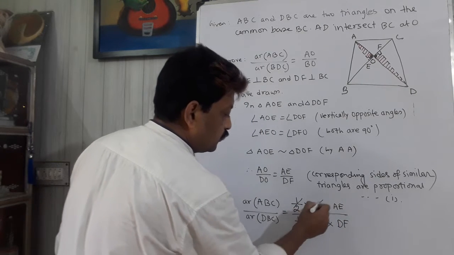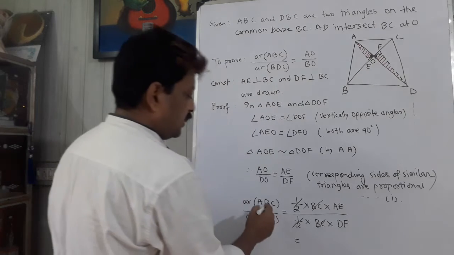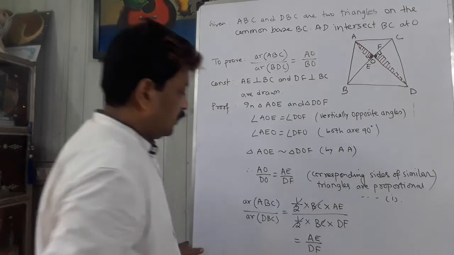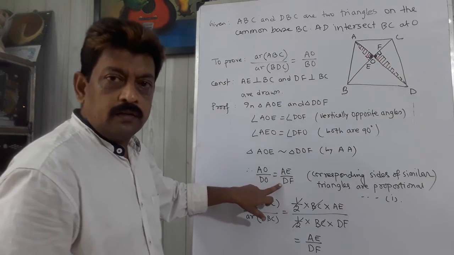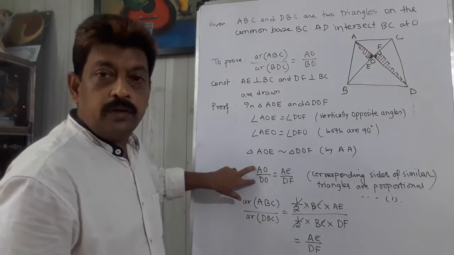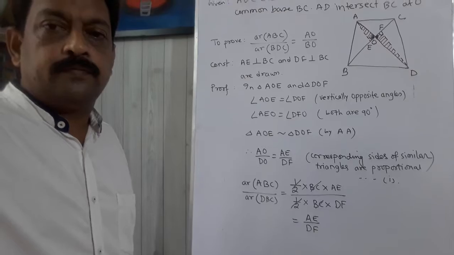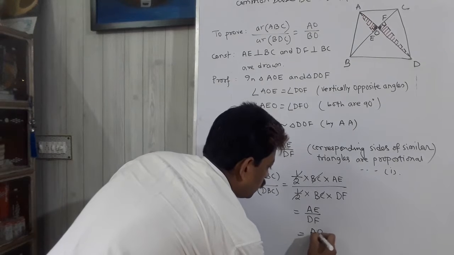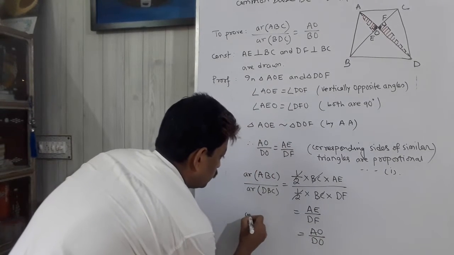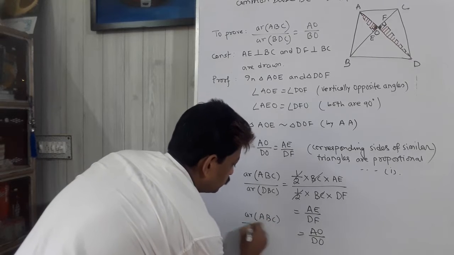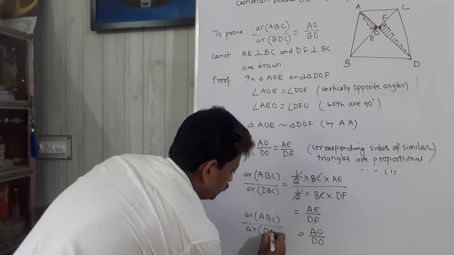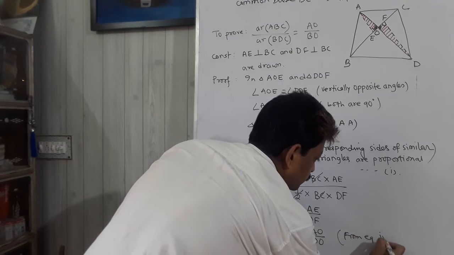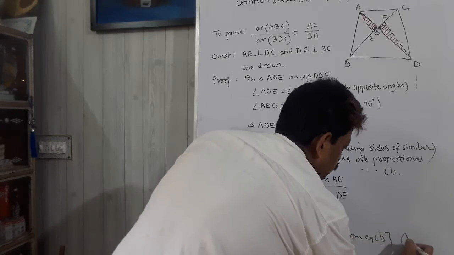By cancelling these two, we get area ABC upon area DBC equals AE upon DF. And now see, from equation 1, in place of AE upon DF, we can write AO upon DO. So area ABC upon area DBC is equal to AO upon DO from equation number 1. Therefore the question is proved.